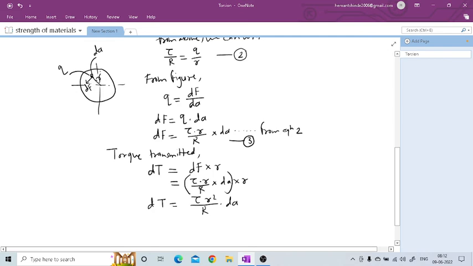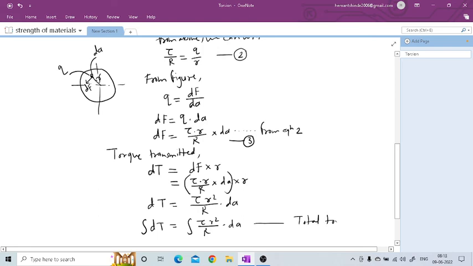So when I make the summation of all the small torques, it will become the integration. So integration of dT is equal to integration of tau r square divided by R into dA, and this will provide me the total torque transmitted.